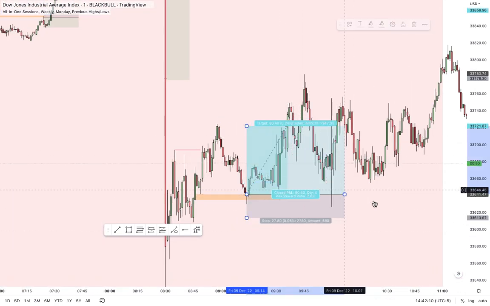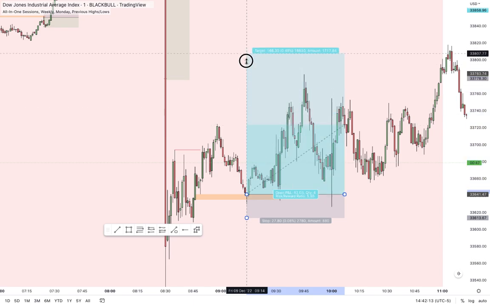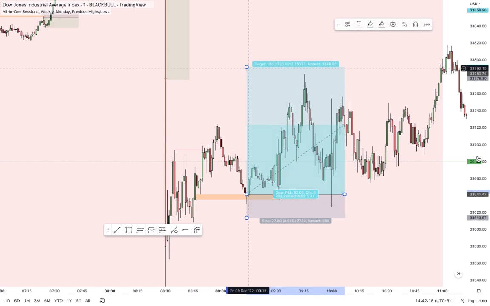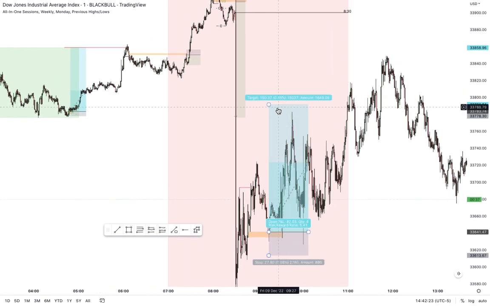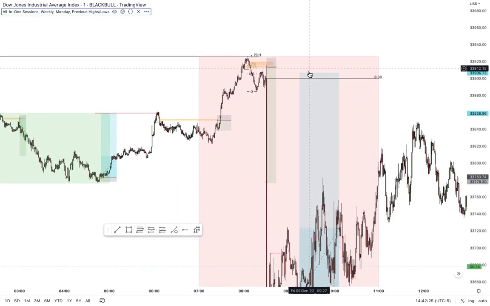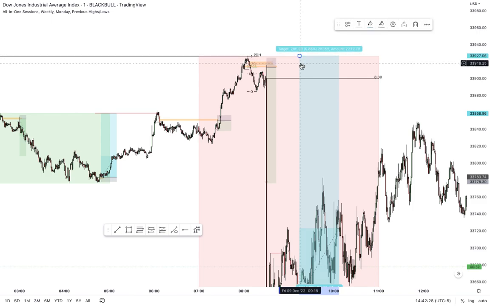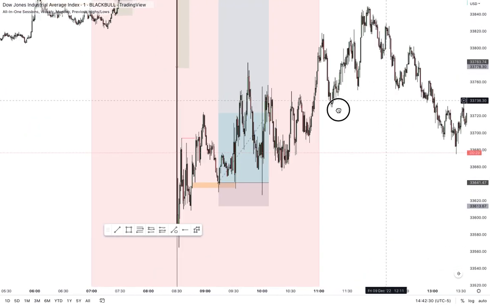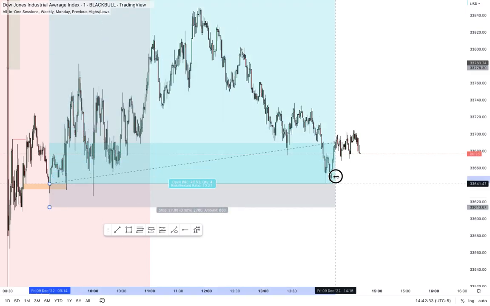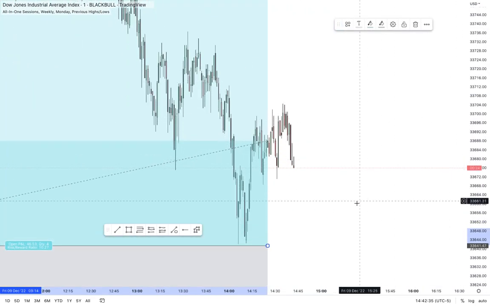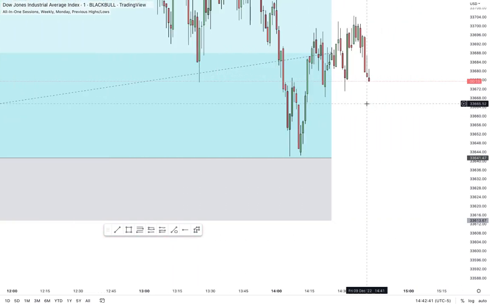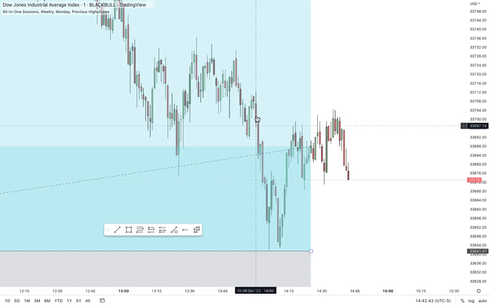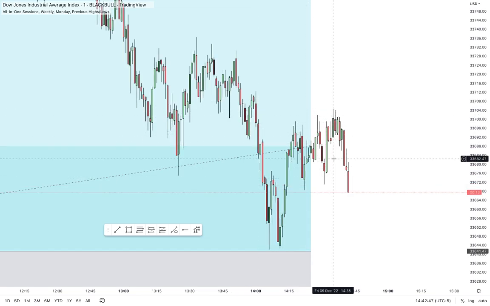So what happened is partials would have been the 5R. Here's the 5R, right? So the partials would have been the 5R, and the rest of my trade's target would be the NY session highs. And although I guess it would have fit me on break even, no. So this was the fair value gap that it tagged into, and it is now dropping.